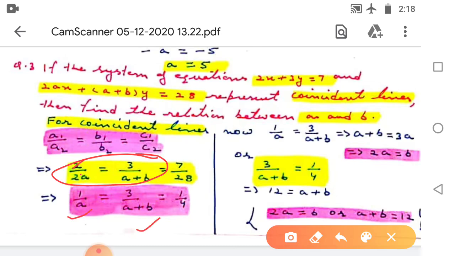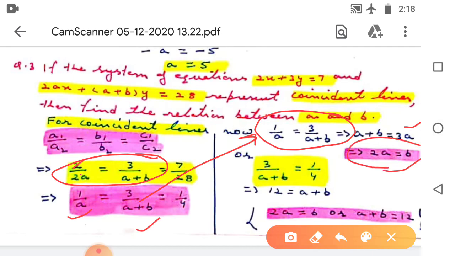Clear? Right? So cross multiply, a plus b is equal to 3a. So 2a is equal to b. So this is the first relation between a and b, that is 2a is equal to b.